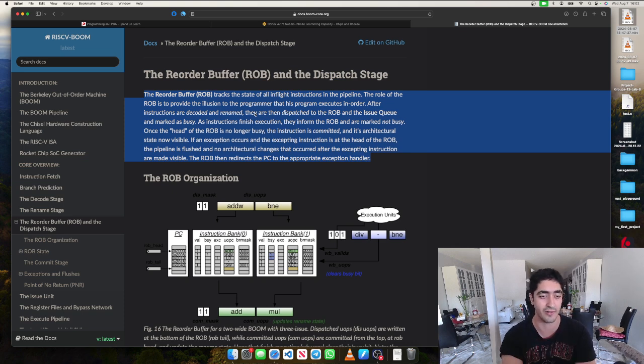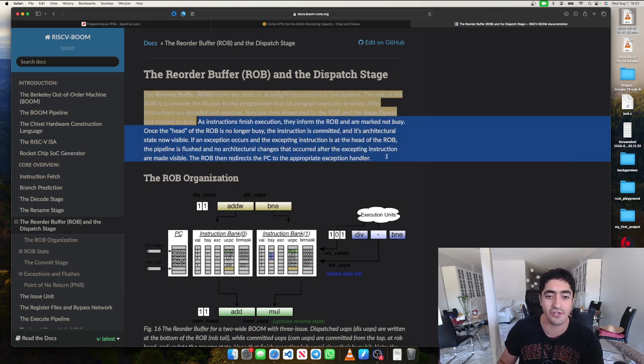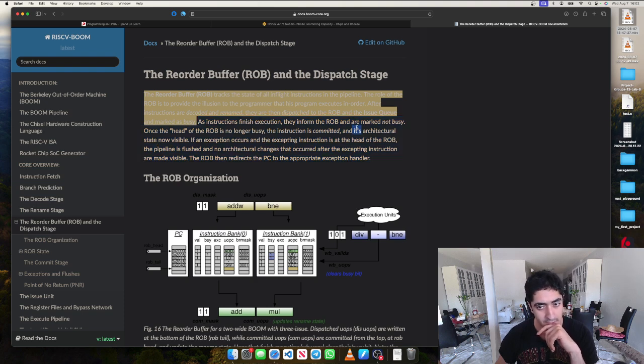Okay, let's read from here to here again. As instructions finish execution, they inform the ROB and are marked not busy. Once the head of the ROB is no longer busy, the instruction is committed and its architectural state is made visible.